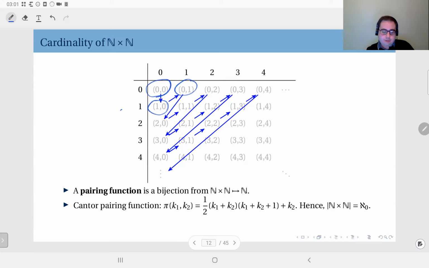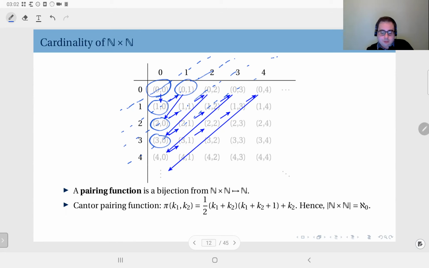So essentially this was the line where the sum of the components is 0, and this is the line where the sum of the components is 1, and then from 0,1 you move on to 2,0, and you move along this line where the sum of the components makes 2: 2,0, 1,1, and then 0,2, and then you come back to 3,0, and now you are in the line where the sum of the components is 3: 3,0, 2,1, 1,2, 0,3, etc. So you move on like this.